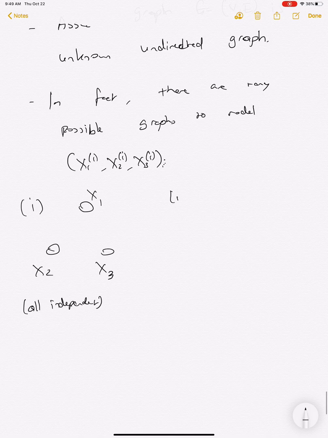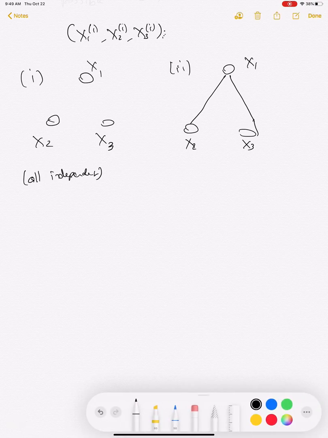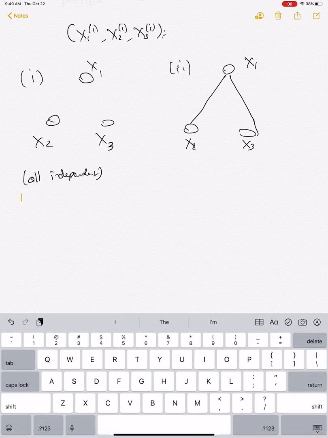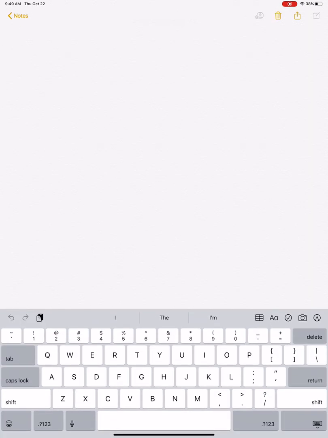You could have another graph with x1, x2, x3. Sorry about that.